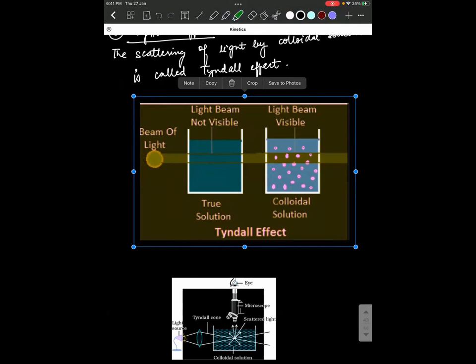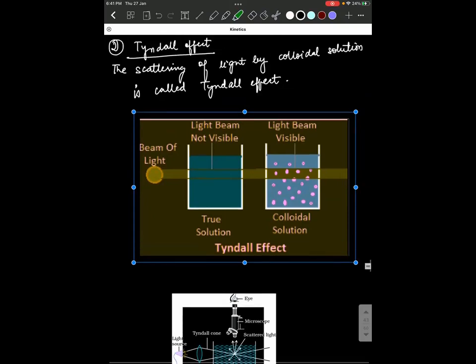But if you see the second beaker, then you have colloidal solution, and the colloidal particles can be observed when the light beam is falling through the beakers. So this effect is known as Tyndall effect. We can see that light is passing through this colloidal solution and light is being scattered. So this scattering of light by the colloidal solution is known as Tyndall effect.